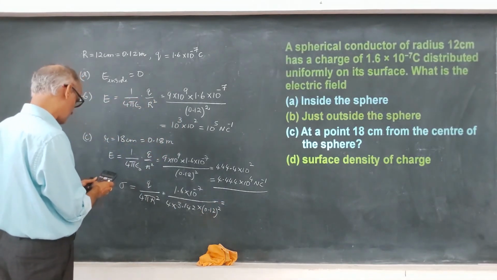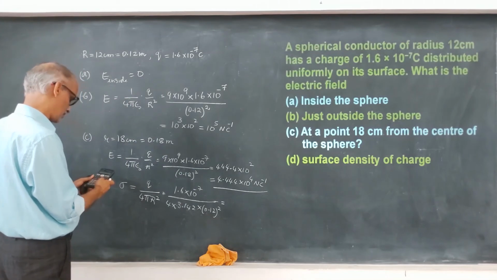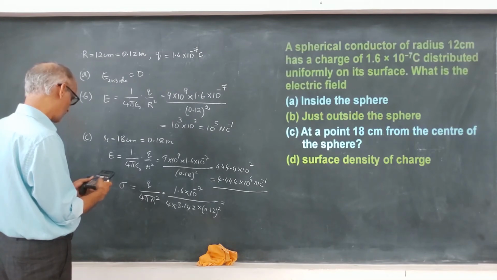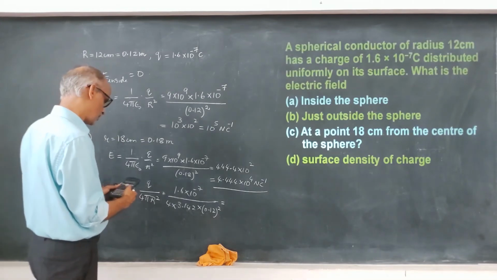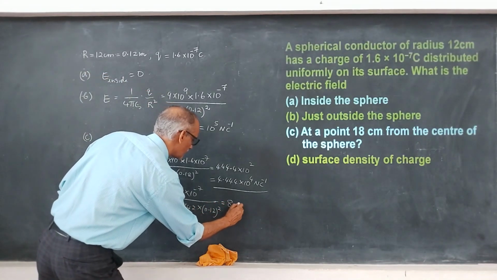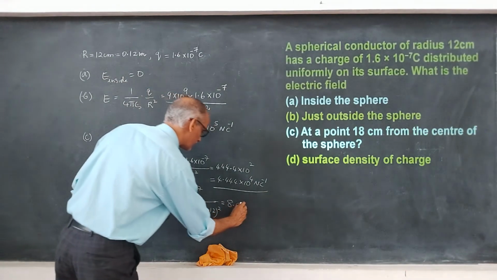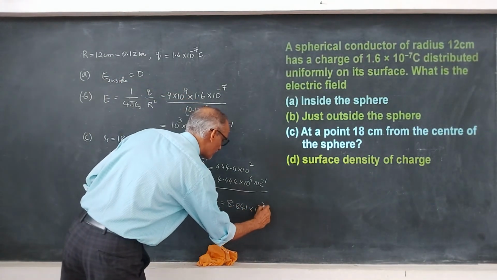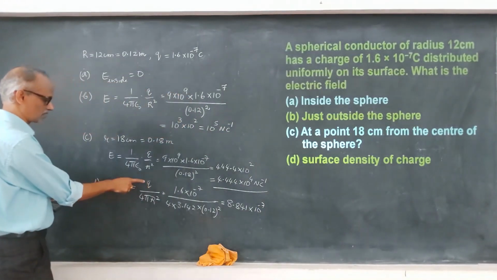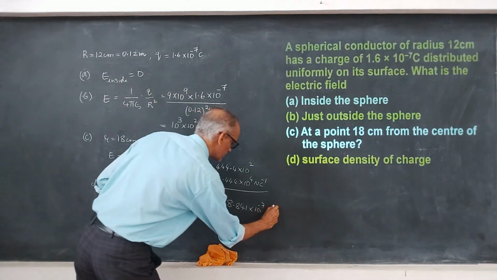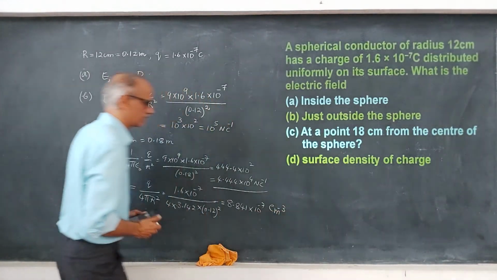It is 1.6 divided by 4 divided by 3.142 divided by 0.12 and again divided by 0.12. So we will get a value of 8.841 into 10 to the power minus 7. Now charge is coulomb and square of the radius means meter square. So coulomb per meter square.